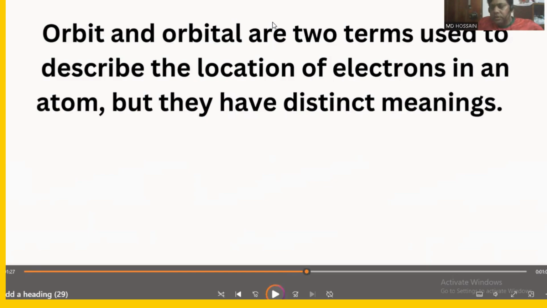Now the question: if we want to define the orbit, it is a circular way covering the nucleus, or around the nucleus.